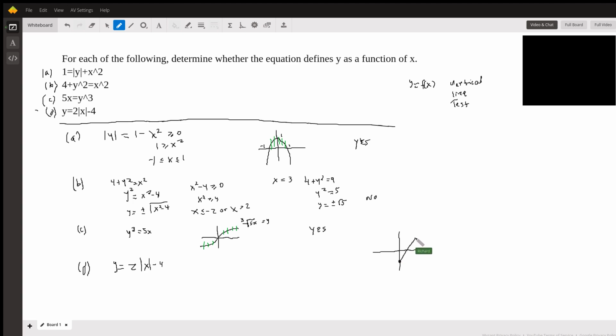And then it'll look like that. And then you can see it passes the vertical line test because no matter where you draw the vertical line, for any particular value of x, you're going to get one and only one value of y. So that passes.